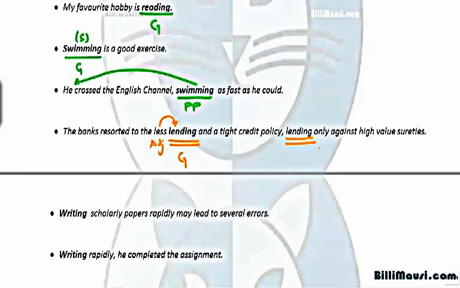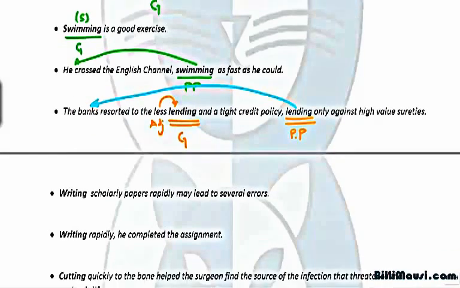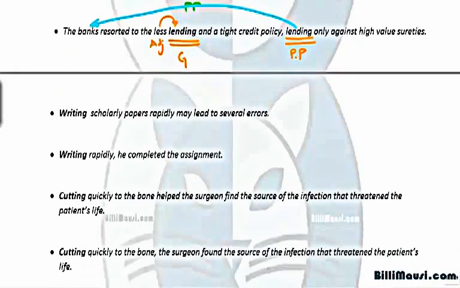The second lending is separated by a comma and it is behaving as present participle modifier. So whenever a present participle end modifier is separated by a comma, it refers back to the previous subject. We can see that lending is referring back to the banks. So who is lending? The banks are lending only against high values.